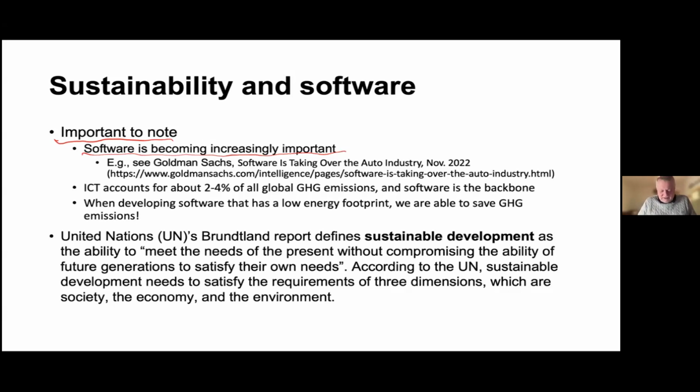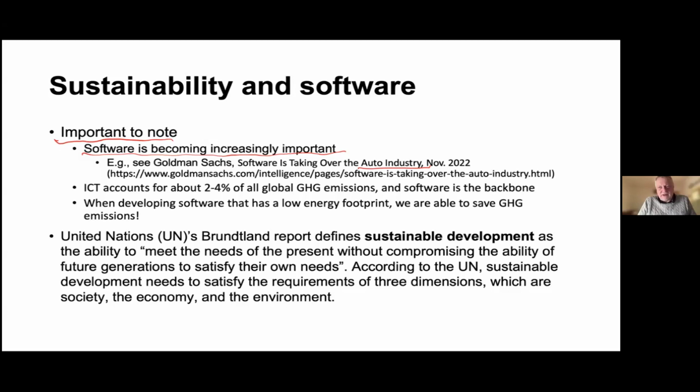For example, in areas where software engineering was not that important, for example, in the automotive industry, there are many studies, some of them starting earlier than 2022, showing that there is more and more functionality in cars that is only because of software.